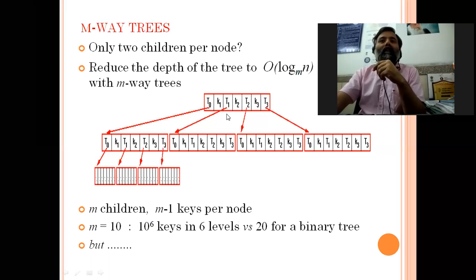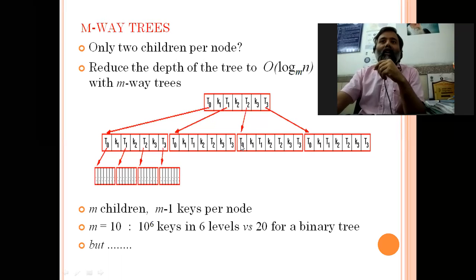And the organization of the elements will be like this: all the elements in the subtree pointed by T0 will be less than K1. All the elements in the subtree pointed by T1 will be greater than K1 but less than K2.